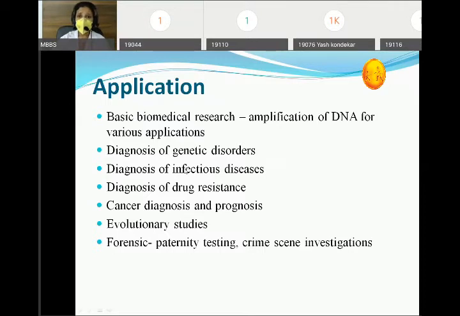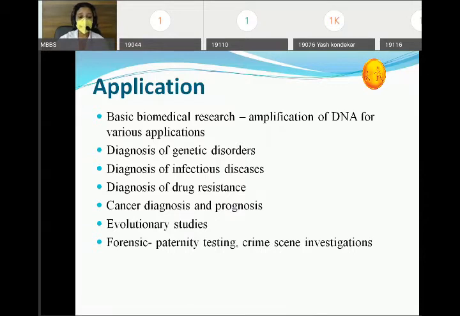All the infectious diseases like HIV, tuberculosis, or COVID-19 are confirmed and diagnosed with the help of this technique. Then the diagnosis of drug resistance, and again the diagnosis of cancer and deciding the prognosis of that cancer or that malignancy, this application is required.